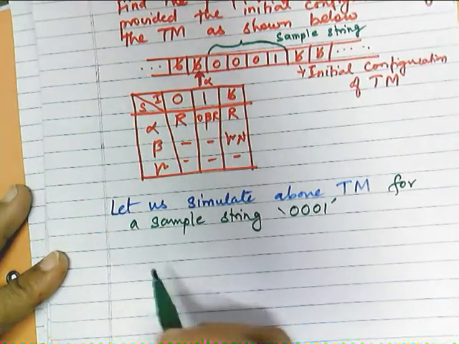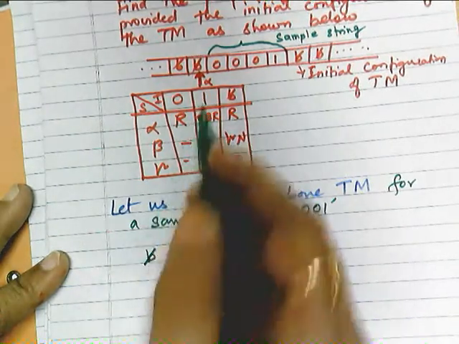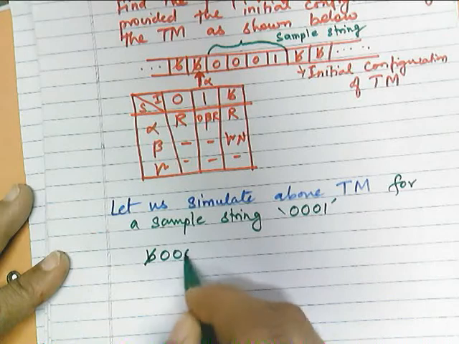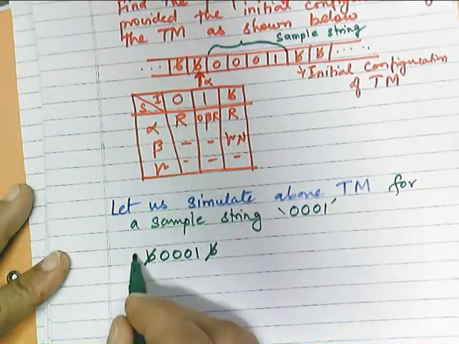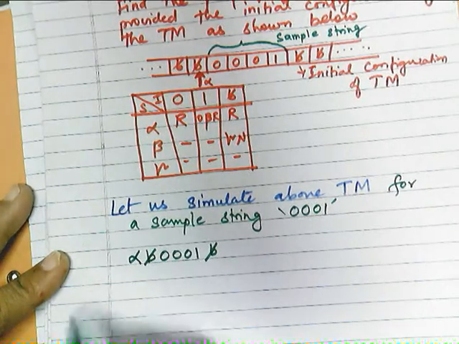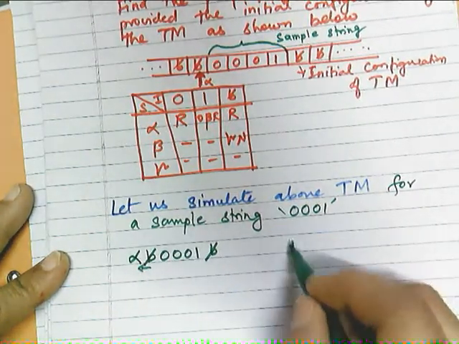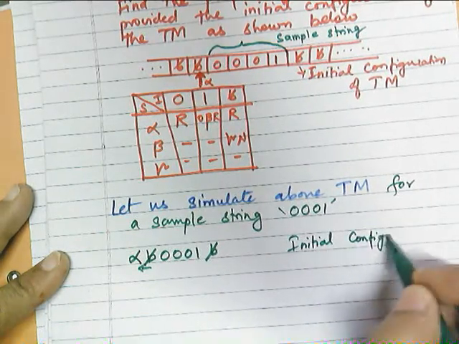Which symbol are we going to read? We are going to read the blank. So our whole string is blank, 0, 0, 0, 1 and blank. Our state will be written to the left of this. So this is the initial configuration of the TM, right?